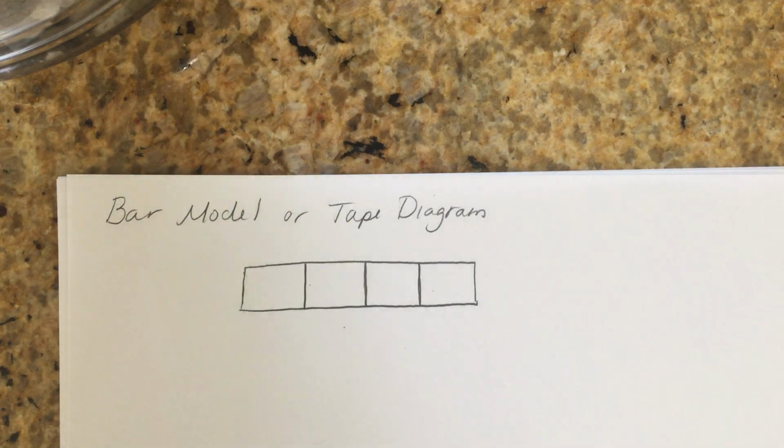Now suppose I wanted to show the whole as eighths. I would not start with a bar and try to split it into 8 equal parts. That would be difficult. I would start with halves, and then I would create fourths, just like I've done here.